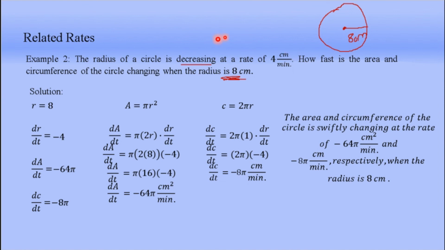Which means that as the radius of the circle decreases, the area and the circumference of the circle decrease as well.